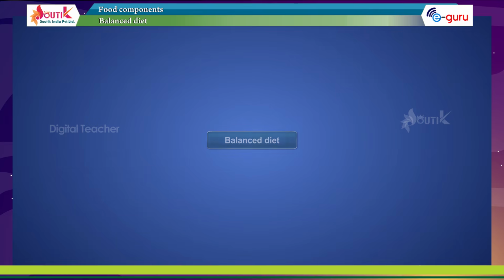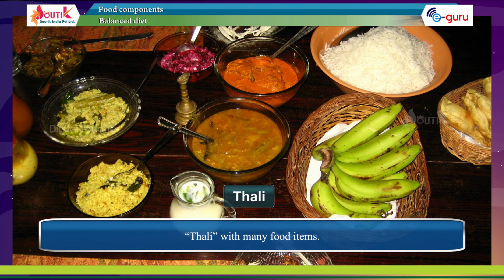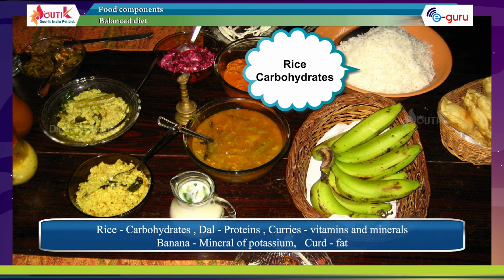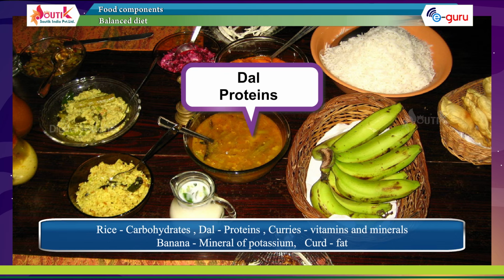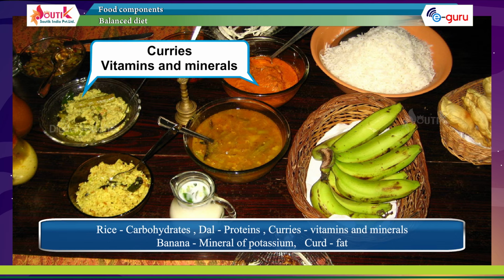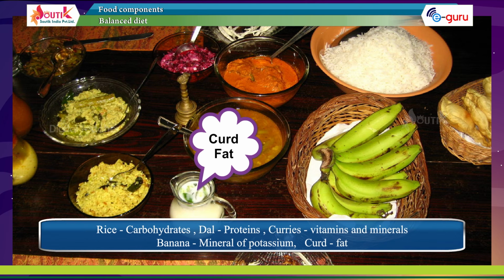Balanced diet. A diet that contains all the necessary nutrients required for healthy growth. Let us do a thali with many food items. The food components from thali: rice, carbohydrates; dal, proteins; curries, vitamins and minerals; banana, mineral of potassium; curd, fat.